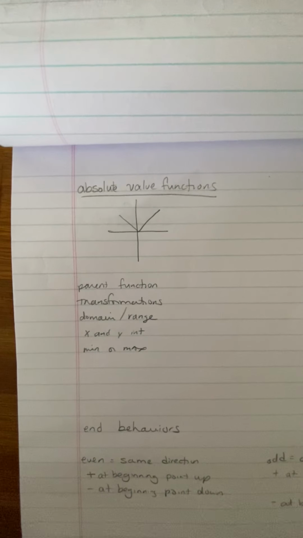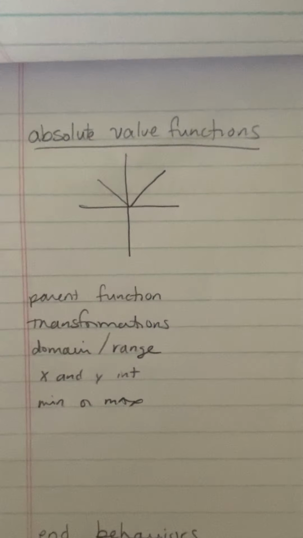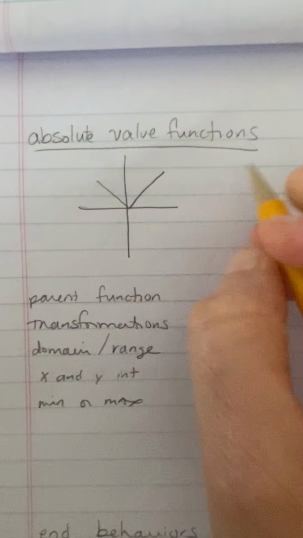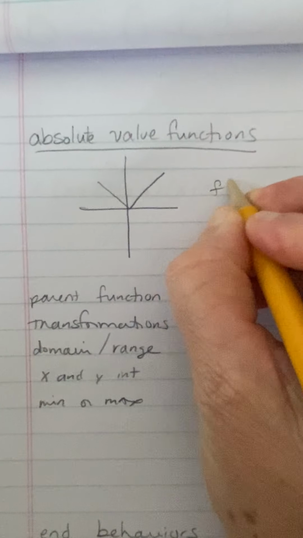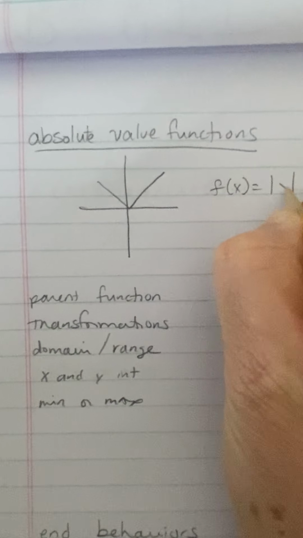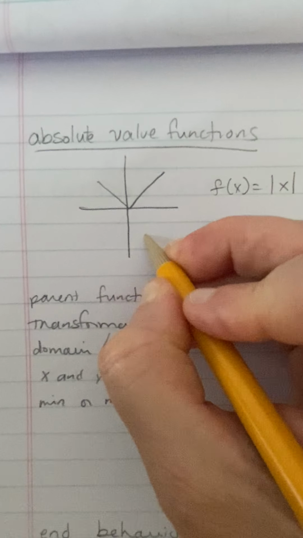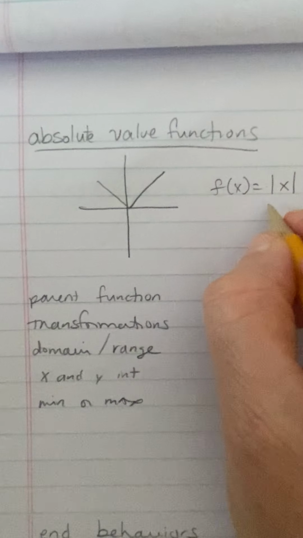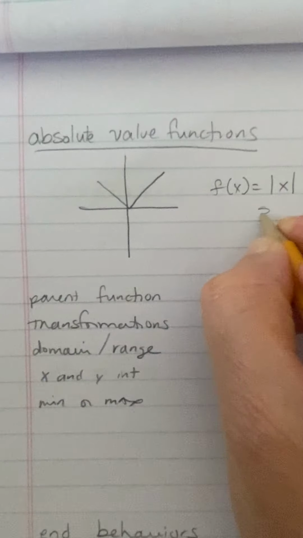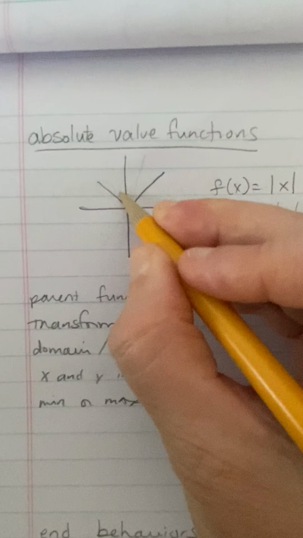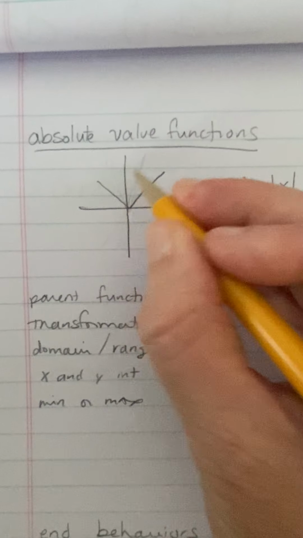Absolute value functions. So remember, absolute value functions look like V's or upside down V's. So what would make it flip over? This right here is the parent function, f of x equals the absolute value of x. So if I put a negative in front, it would flip it over. If I put a 3 in front of it, it would make it stretch closer to the y-axis.